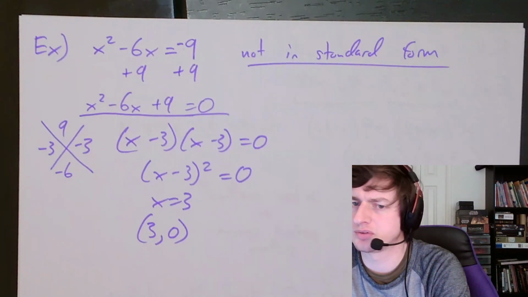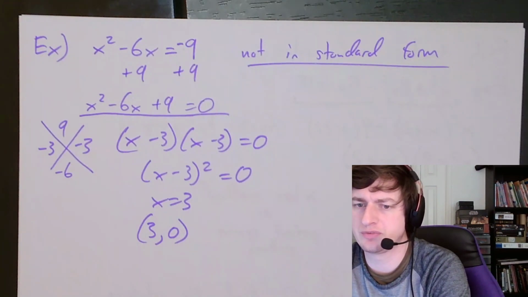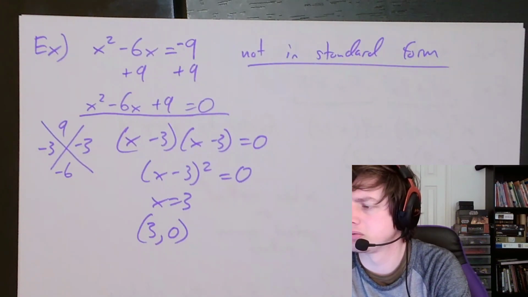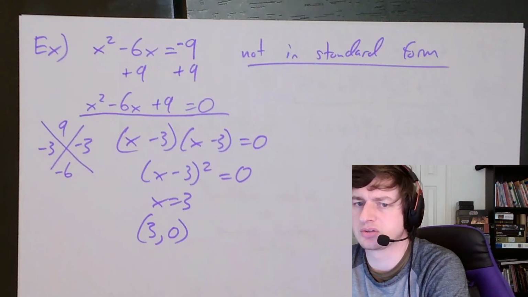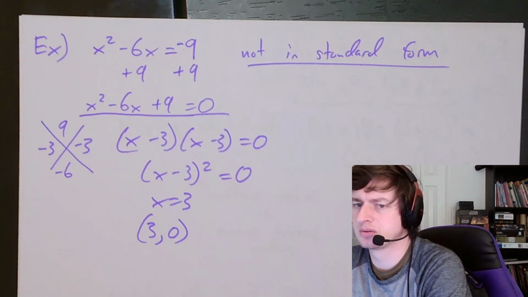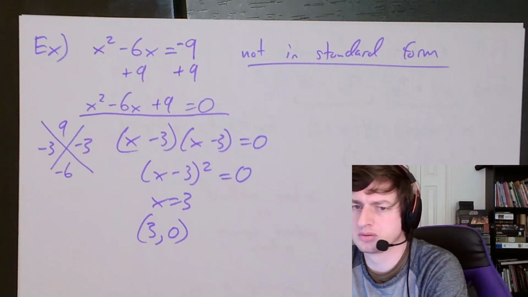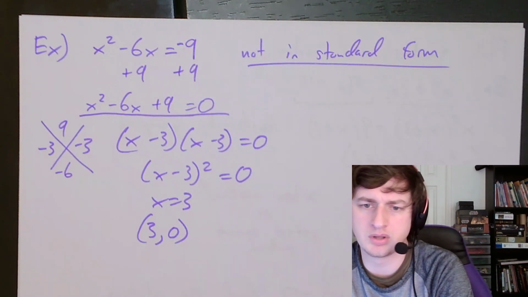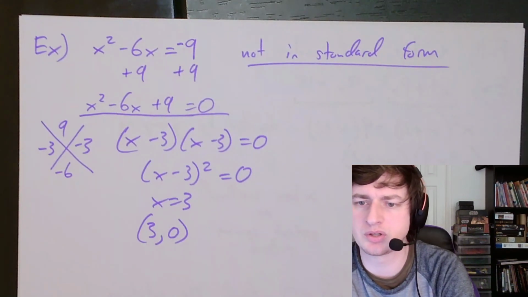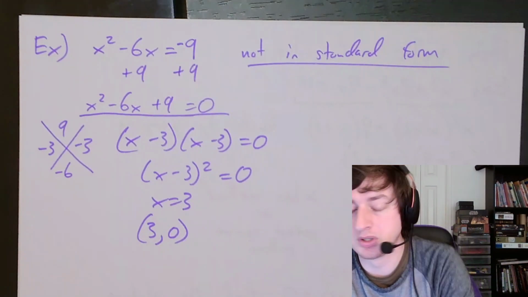Factor out the GCFs. Factor. It should be fine-ish. Might change it to 3 through 6. Yeah, I'm going to change it to 3 through 6. But otherwise, we should be good. Should be good on the homework. Okay?